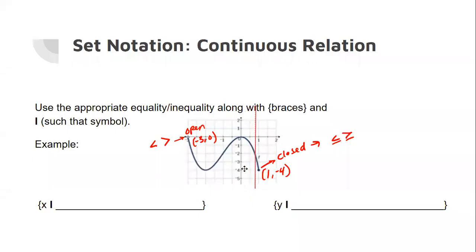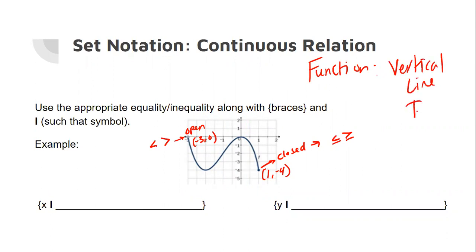Okay. So do we see this? So we know that this is a function because it passes the vertical line test. Remember that vaguely? All right. So not just a relation, but this is a function. And that's because it passes the vertical line test. So when I call it a function, don't freak out on me.